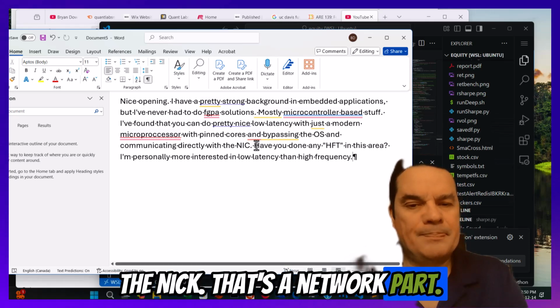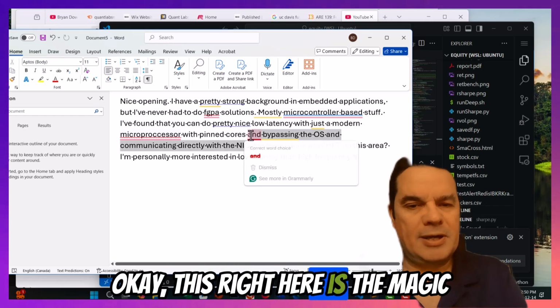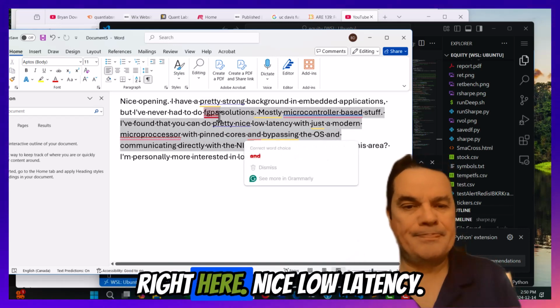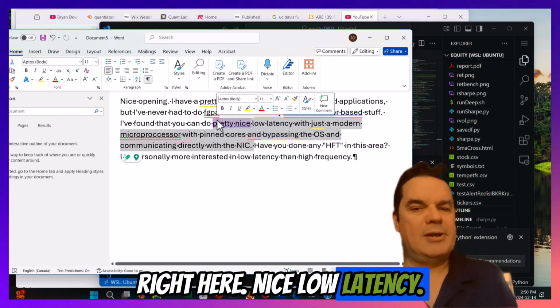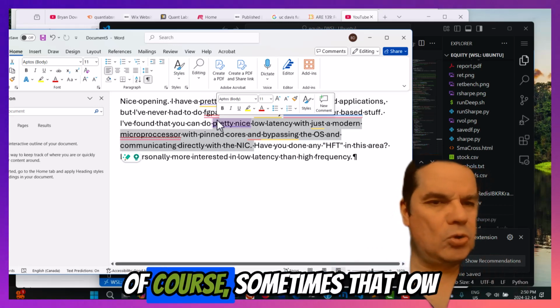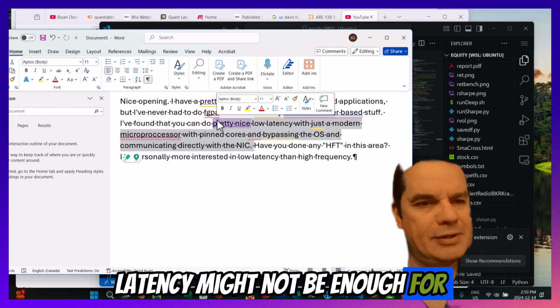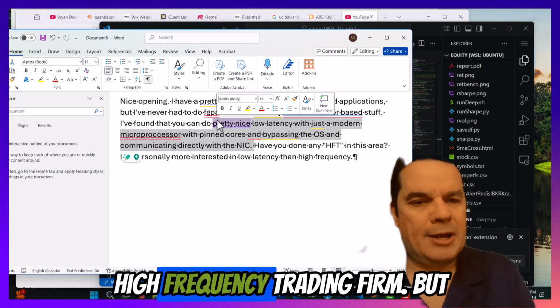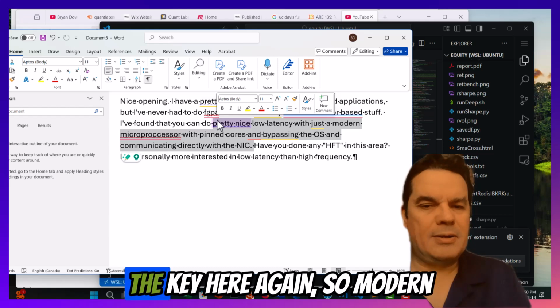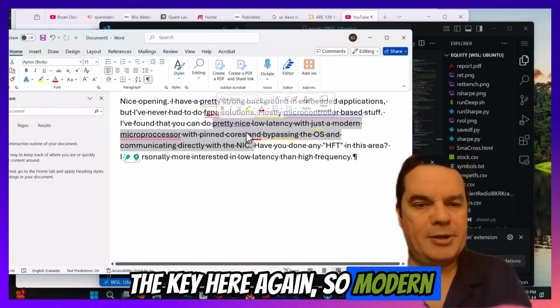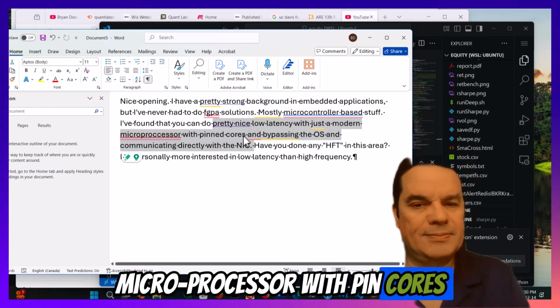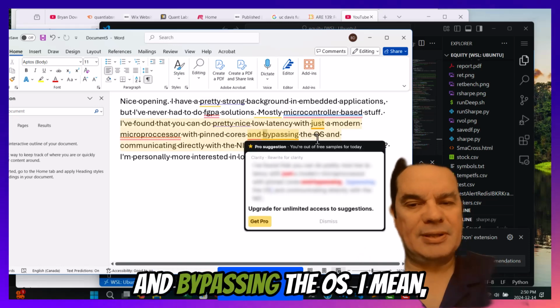That's a network card. Okay, this right here is the magic. Nice low latency. Of course, sometimes that low latency might not be enough for a high frequency trading firm.